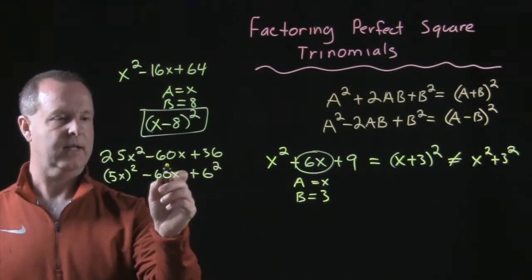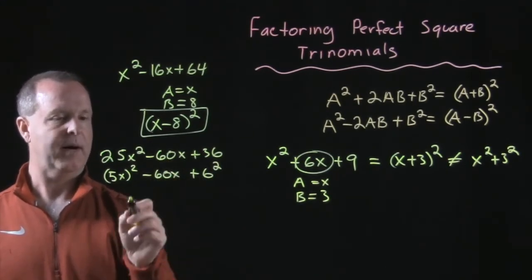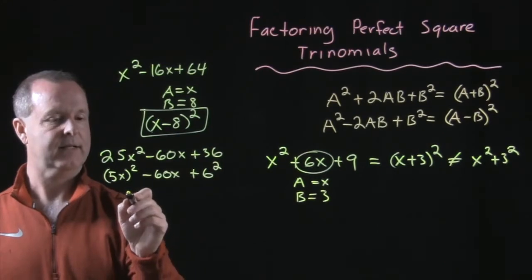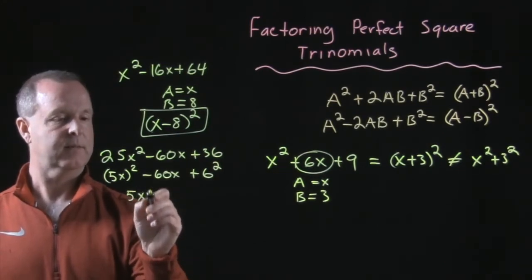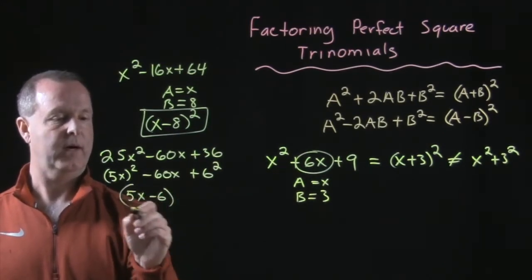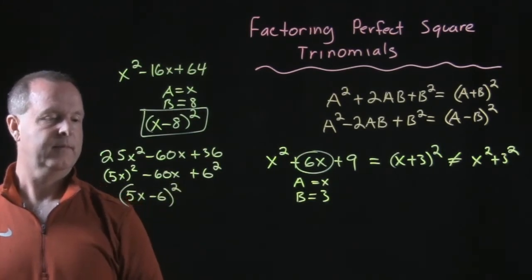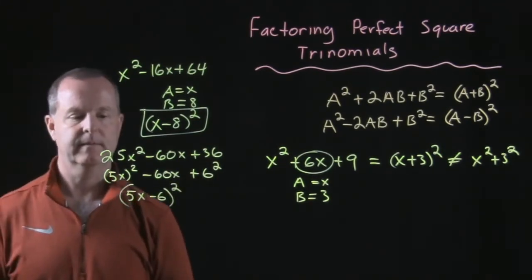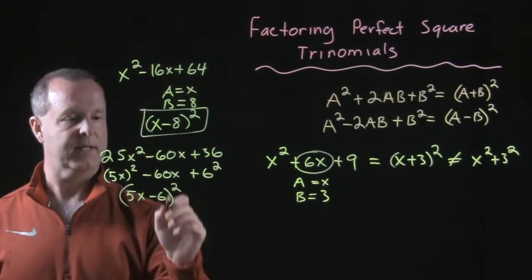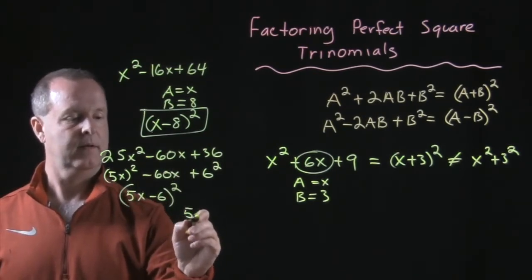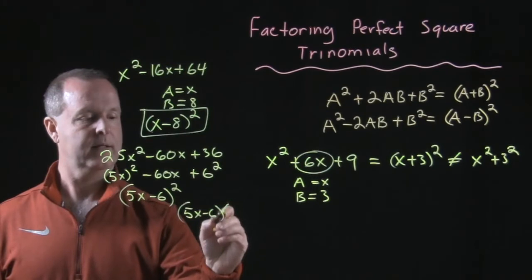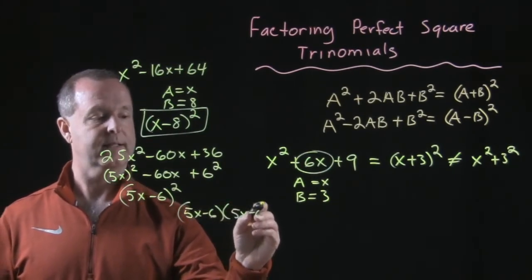Let's look at the middle terms, because the middle term will pop on out. So let's look at it as (5x minus 6) squared. And then if we multiply that out, this becomes, as a check, (5x minus 6) times (5x minus 6).